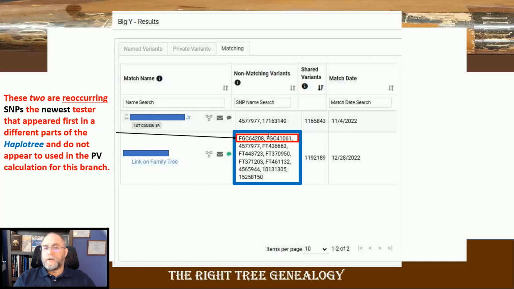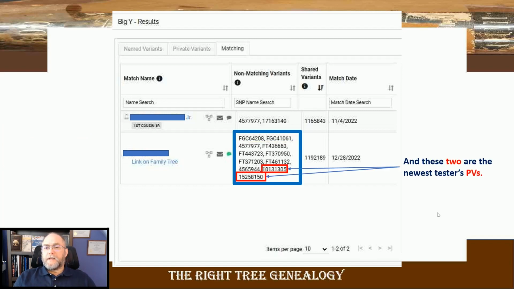To me, this would be a totally different video series and discussion. They should be considered private variants because this individual has these in this branch of the haplotree, and when I look these up, they do not appear in the first cousin once removed nor my brother-in-law. So these two here are unique to the latest tester.